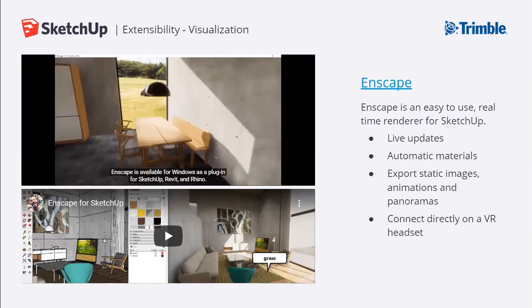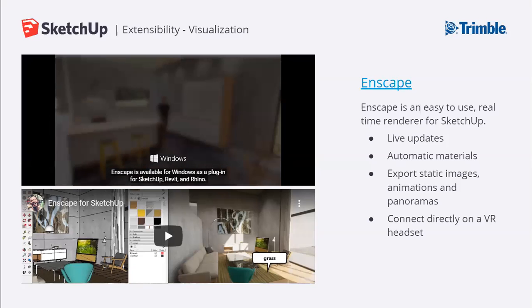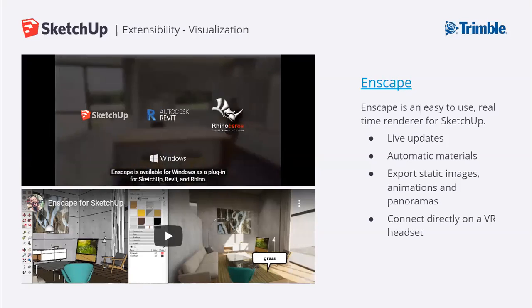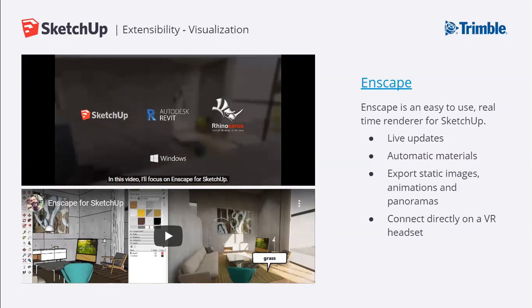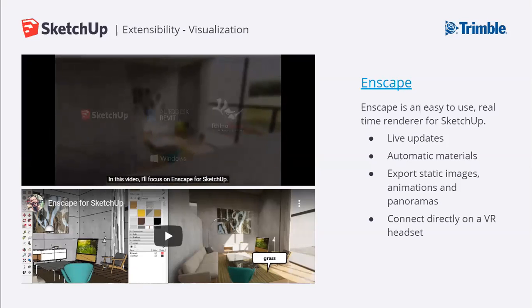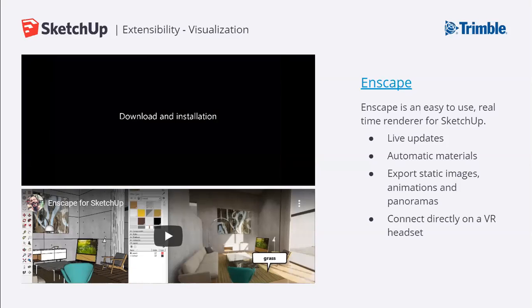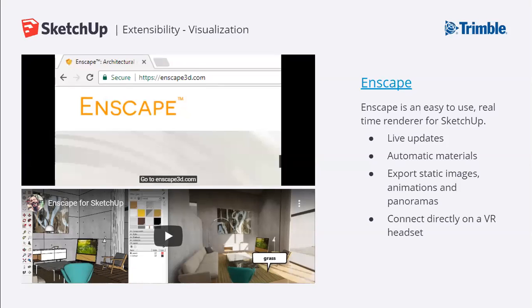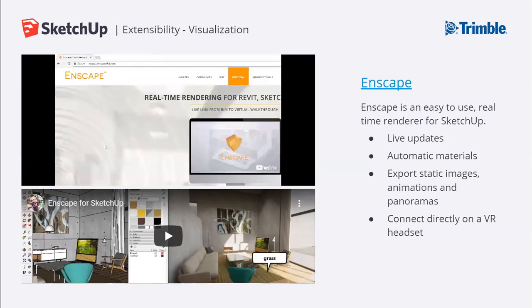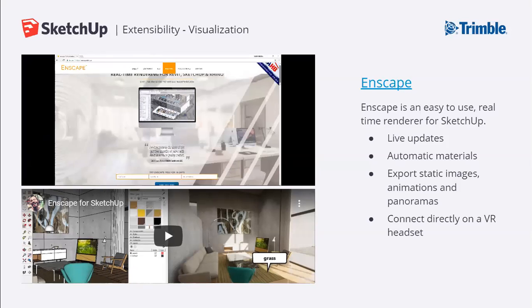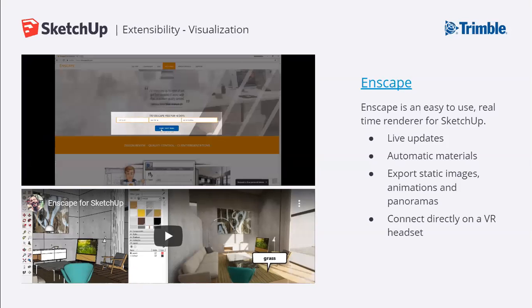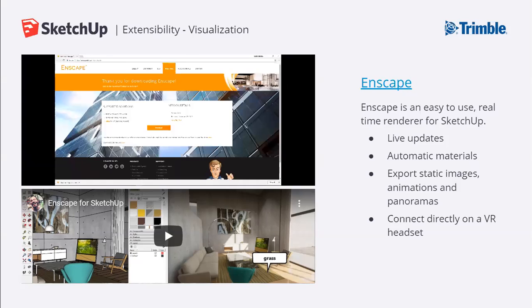The last release for SketchUp 2020 didn't have that option, but now it's enabled. So in SketchUp 2020.2, you can use Enscape easily, and it's real time. It doesn't take a lot of time to work on the models, so it's pretty simple and easy to use.